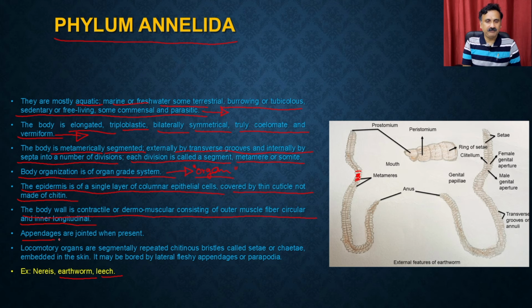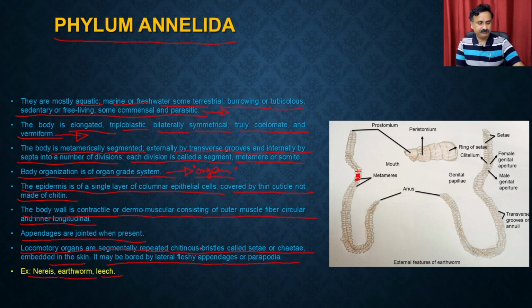Appendages are jointed when present, right? Locomotory organs are segmentally repeated, chitinous bristle-like setae embedded in the skin. They may be borne by lateral fleshy appendages or parapodia. The examples are Nereis, earthworm and the leech.